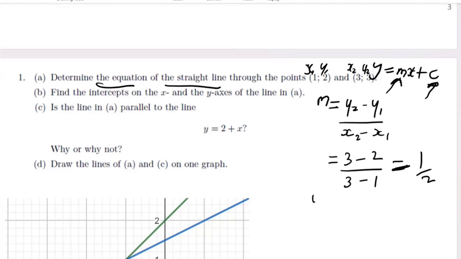Then you quickly go to your toolbox and ask, what is the definition of a y-intercept? For my y-intercept, my x is 0 and my y is whatever. So I'm going to use this definition. You always consult your toolbox because now you want your c.